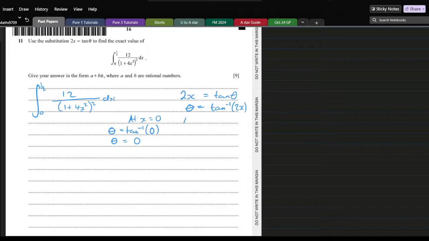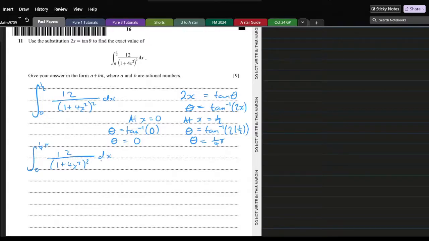And then at x is 1 over 2, theta is equal to arctan of 2 times 1 over 2, so that's arctan of 1, which is a quarter pi. So our new limits are 0 and a quarter pi, right? And we've got our 12 over 1 plus 4x squared with respect to x.